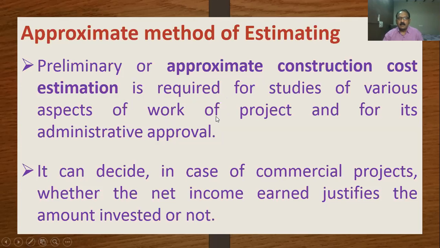Otherwise, we won't get administrative approval. After detailed estimation, after planning everything, if it is 50 crores, nobody will approve. So for administrative approval of any project, any building from concerned authorities, preliminary and approximate construction cost estimation is required.